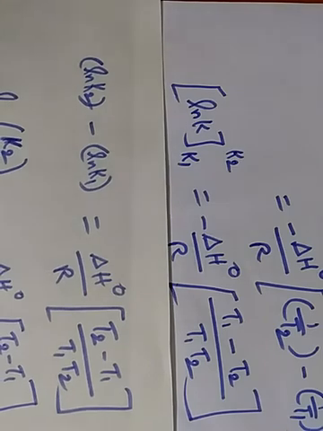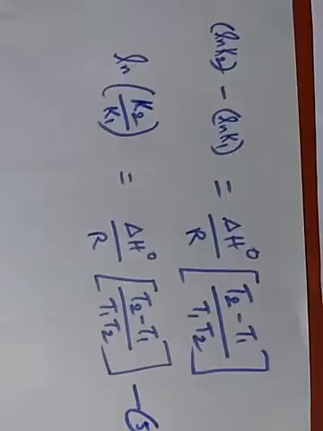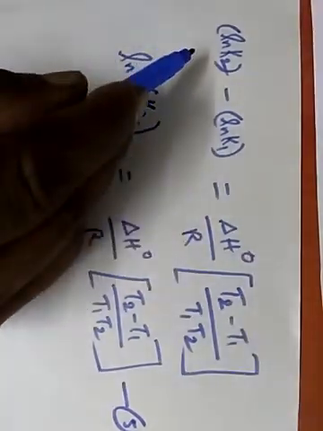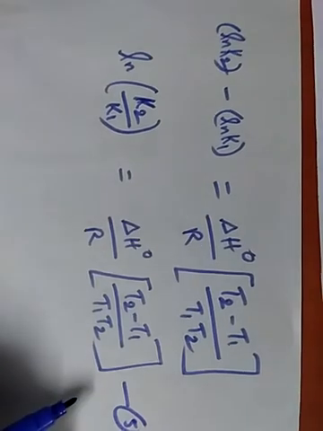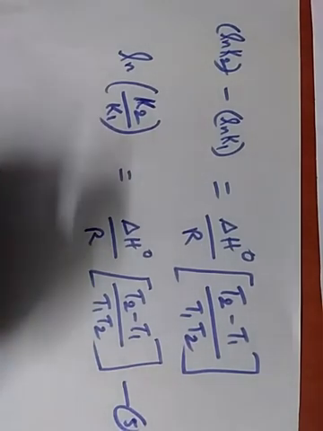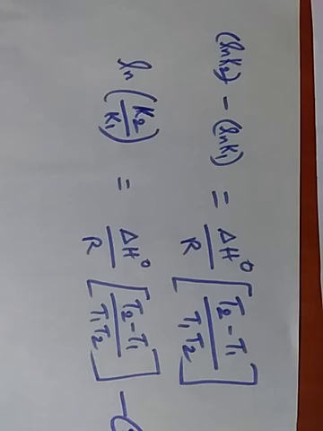This is equation 5. So we are substituting the upper limit minus lower limit and we are getting this relation. This is the integral form of the Van't Hoff equation.